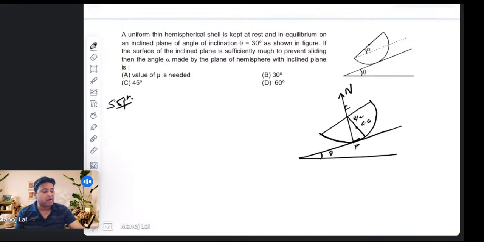And the second thing I would like to tell you about is the weight mg. mg will pass through the CG and it must pass through the point of contact. Otherwise, what will happen? If it is not passing through the point of contact, then there is a torque of mg about the point of contact, so it will turn. It will not be in equilibrium then. So mg should pass through this point P, that is the point of contact. So let me draw this also.